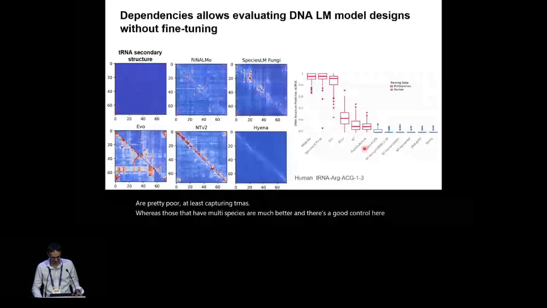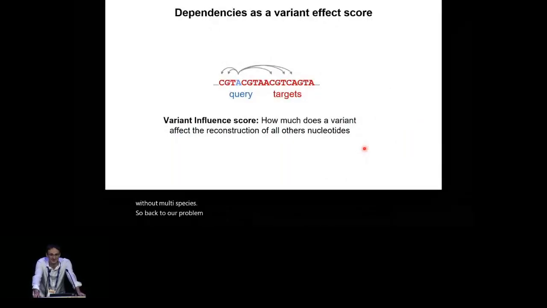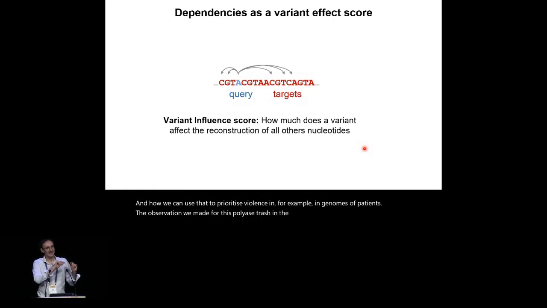So back to our problem of variant influence and how we can use that to prioritize variants in, for example, genomes of patients. The observation we made for this poly-A stretch in the promoter is that there is a difference between having an A, where it's easy to guess that the next base is an A, and having a base which, when mutated, changes the probability of the others, like in the transcription factor binding site.